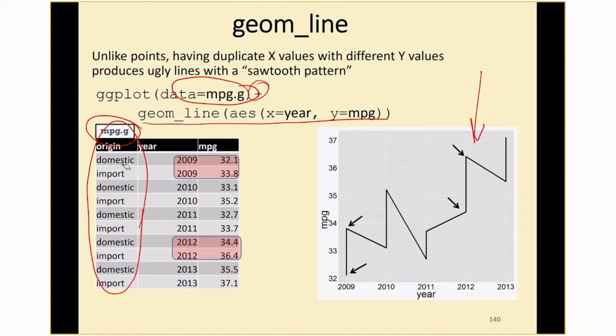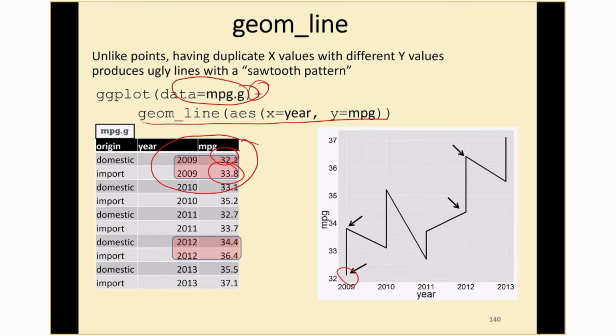And it's not very surprising that we're getting problems. Because if we look at what's happening here, if we look at, for example, the year 2009, we get one value for the domestic vehicle and another value for the imports. And similarly, if we look at 2012, we get one value for the domestic and another value for the imports.